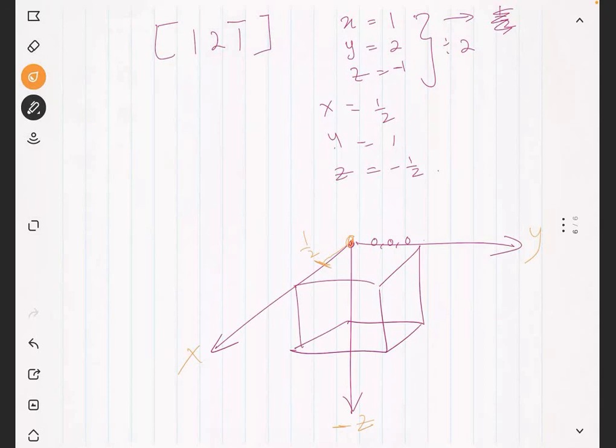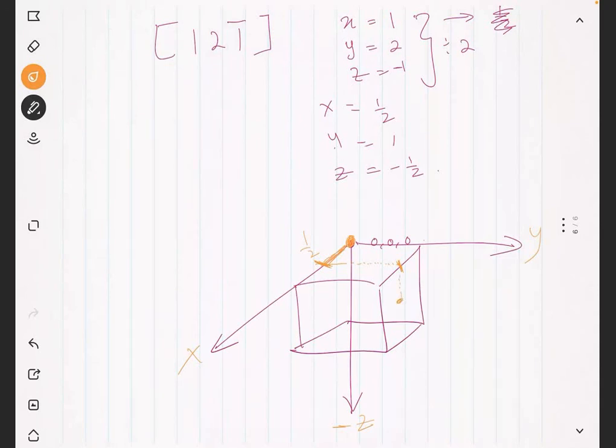So from 0 to half in the X direction, then in the Y direction at 1 scale, and then go down to half.